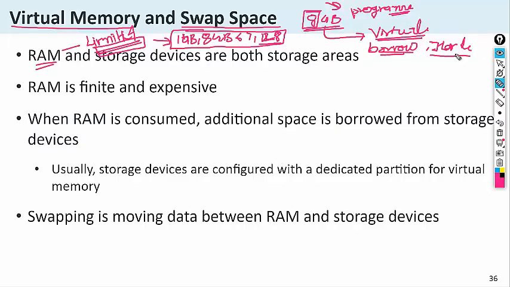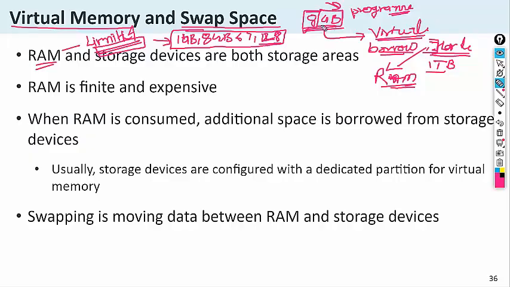Suppose you have a 1 TB hard disk and 8 GB of RAM, but you can use some hard disk space as RAM. Yes, it is correct. So what does it mean?